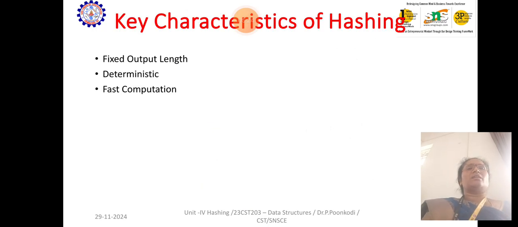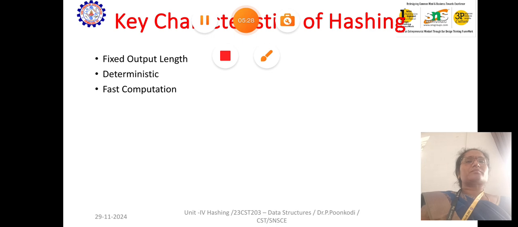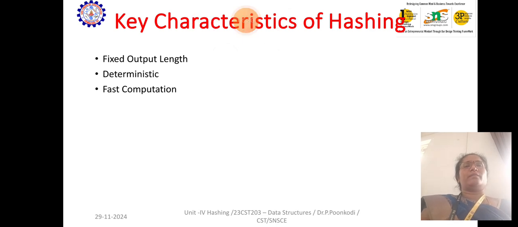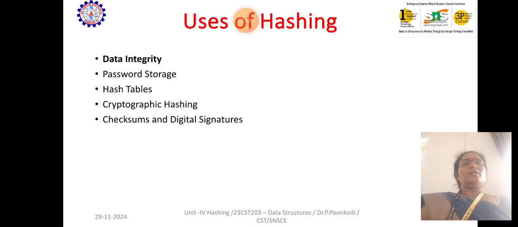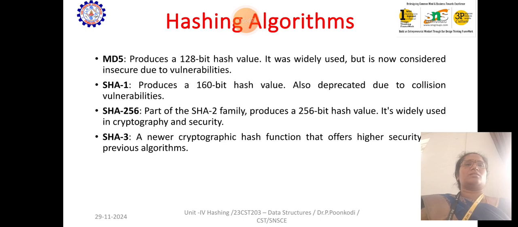Then some of the key characteristics of hashing are fixed output length, deterministic and fast computation. The main usages of hashing are data integrity, password storage, hash tables, cryptographic hashing, checksums and digital signatures. In these fields we are using the hashing concept.